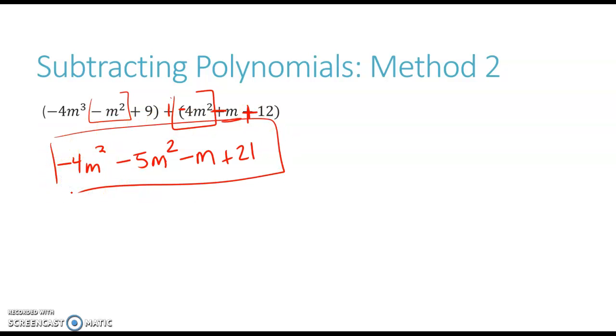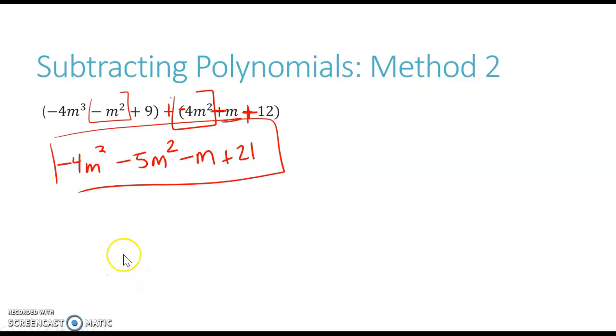Use whichever method is comfortable for you, but with subtraction, do not forget keep, flip, change, and to change every sign that comes after the subtraction.